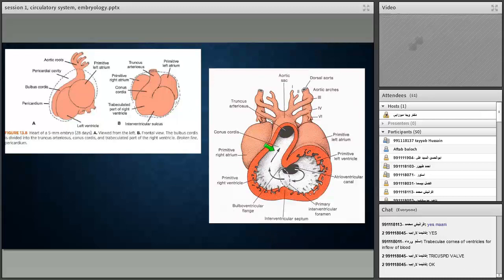At this time, we can see that the muscles at both sides of the interventricular foramen are starting to trabeculate, forming the trabeculated part of the right and left ventricles.